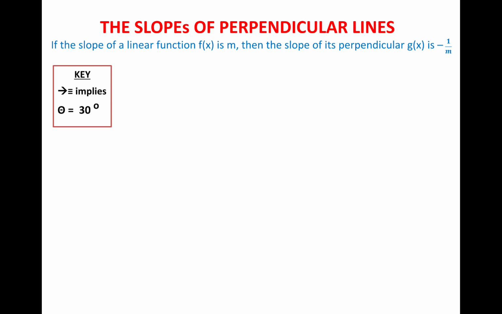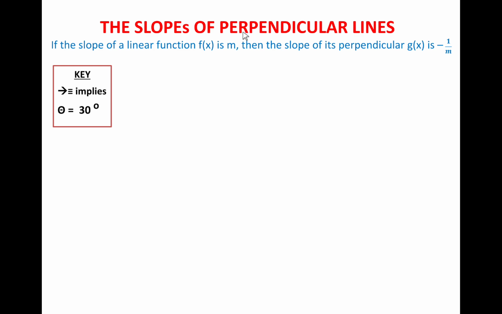First, I will start with the relationship between the linear function and the angle adjacent to it, and then I will prove the mutual relationship between the linear function and the line perpendicular to it.